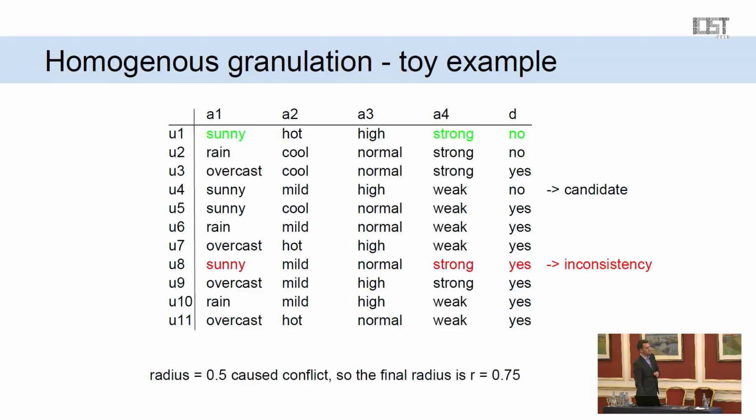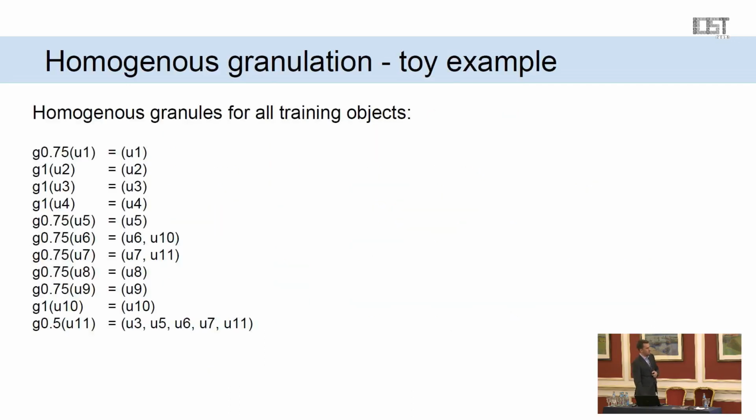So we are looking further, but there is a first conflict when the sunny and strong attributes occur in the same position, but the decision is different. And the process is stopped at this moment, and we pick the former radius, 0.75. And then all the granules are built for all the objects.